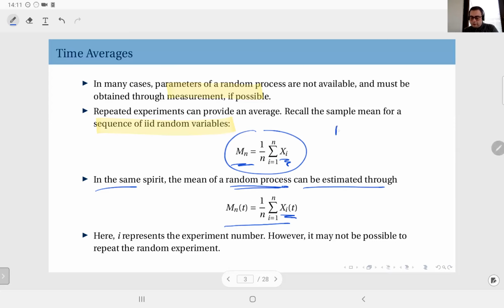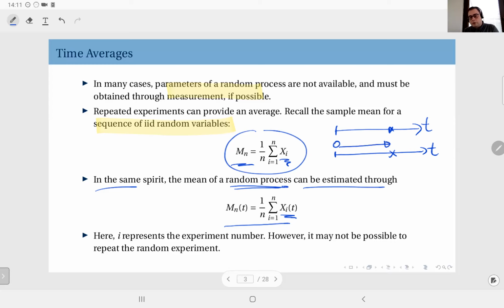Okay, so you start performing your random experiment, and at time t, let's say some specific time instant, you observe it, record its value, and then you reset your environment. Okay, you restart your random experiment, observe it at the same time instant with respect to your new origin.